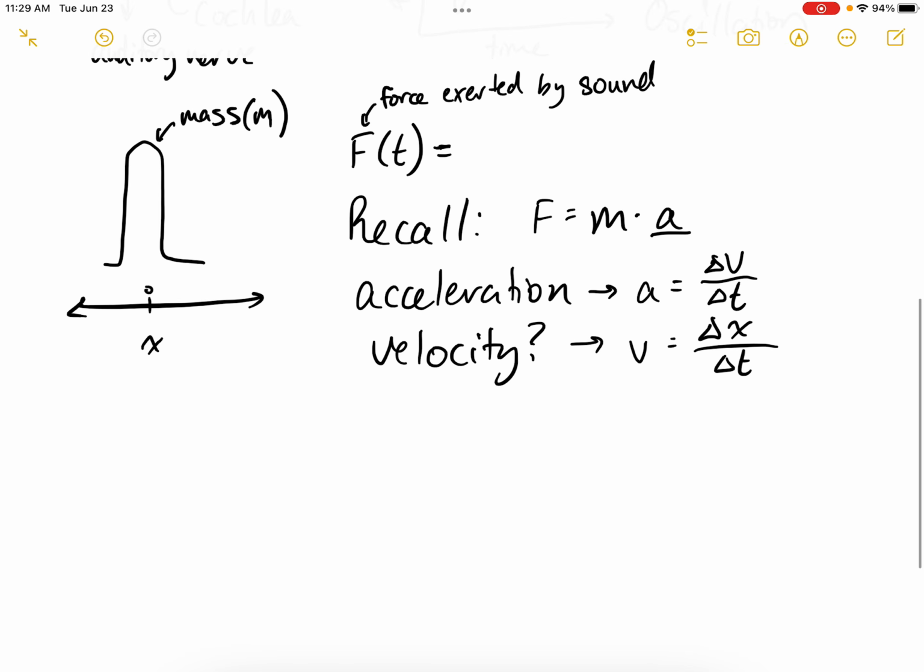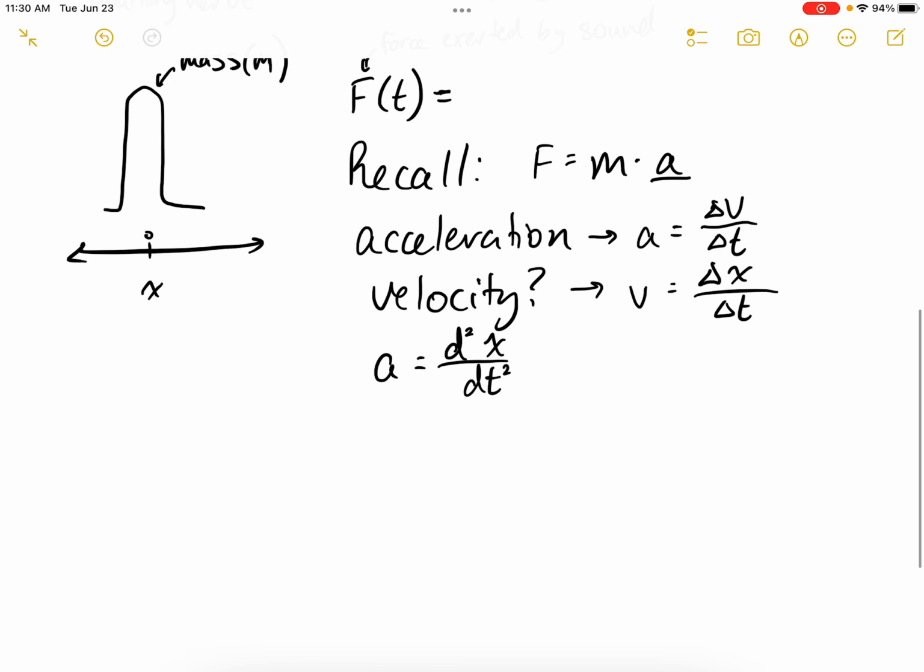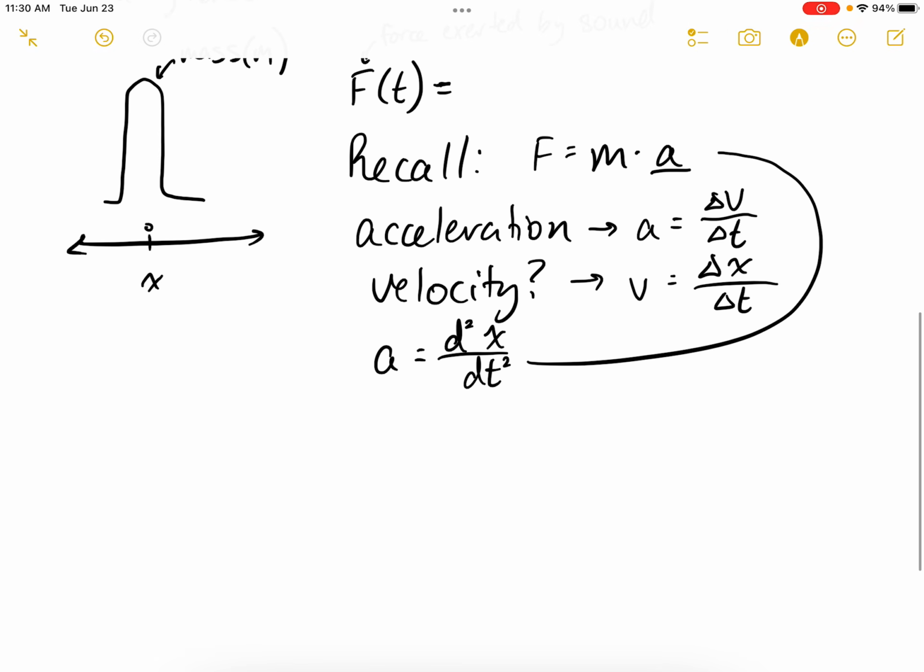So what a really is, acceleration, is really just the second order derivative of x. So we go back to our F equals ma, but we plug this in. Now we have f of t is equal to d squared x over dt squared times mass.